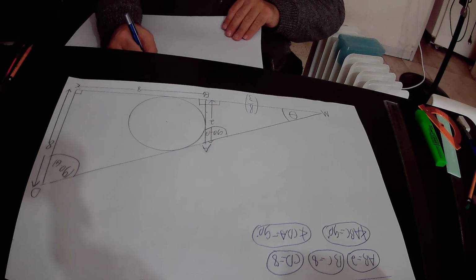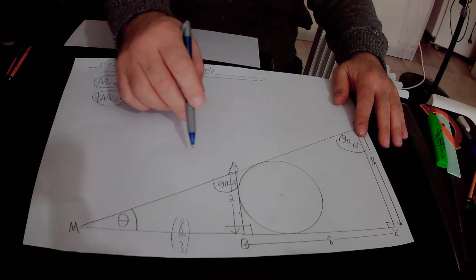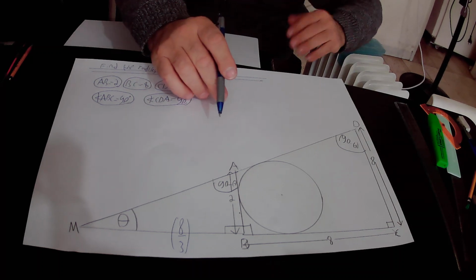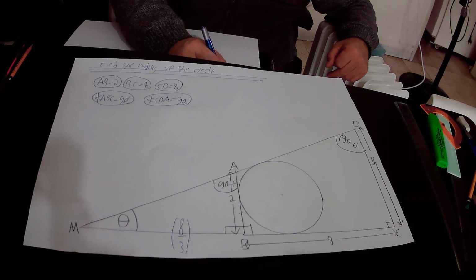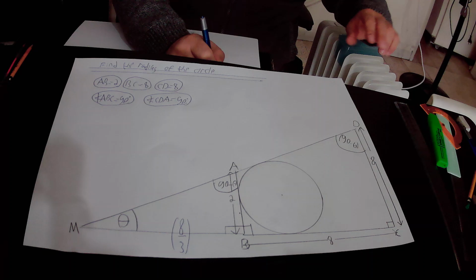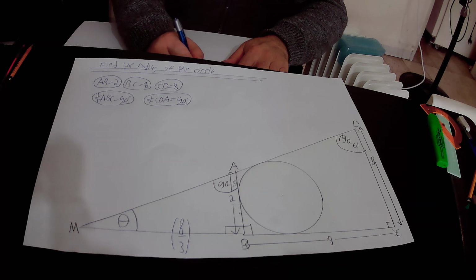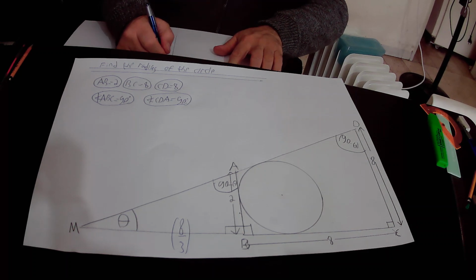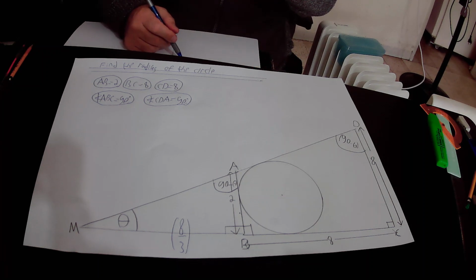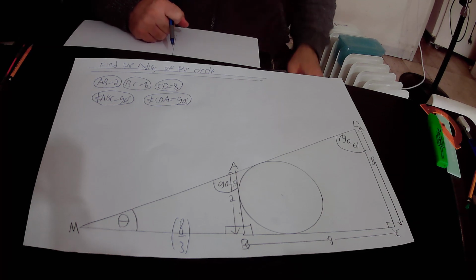In the next step, we'll focus on the small right triangle MBA, and we'll implement on this right triangle the Pythagoras theorem. Here PT is the abbreviation for Pythagoras theorem. According to the Pythagoras theorem, in any right triangle, the square of the hypotenuse equals the sum of the squares of the perpendiculars.